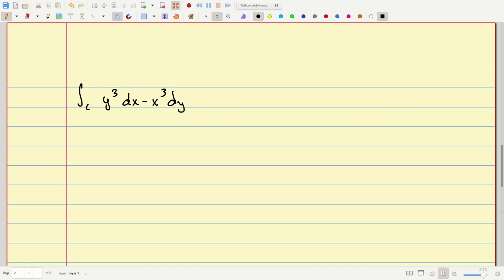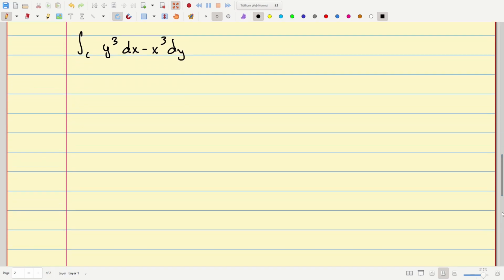Okay, somebody asked me about this. This is an integrand that shows up in the quiz, and this is the ellipse over which you're asked to look at this path integral.